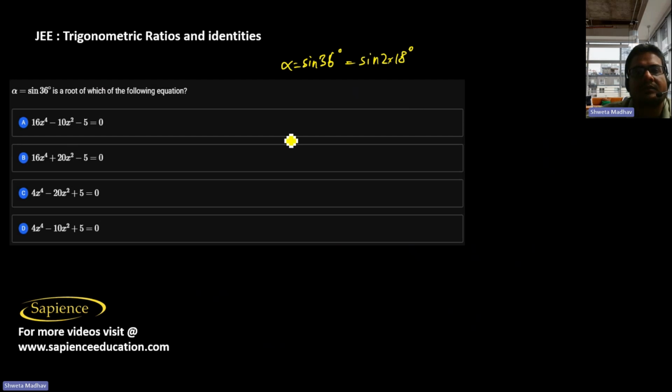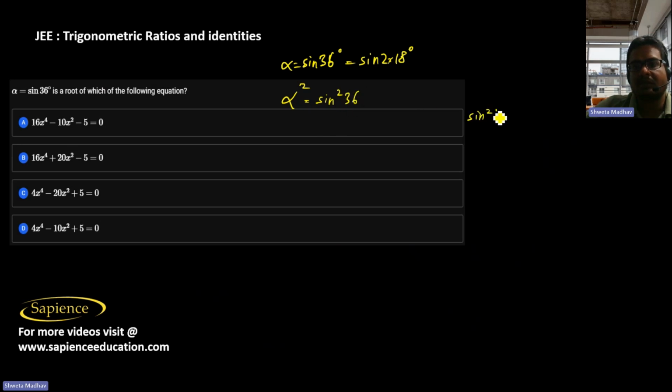Now if you do the square of this, alpha square will be equal to sine square 36.